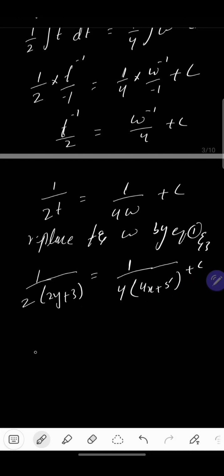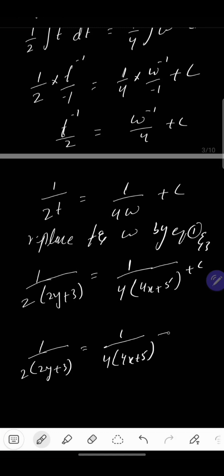Now this is the general solution of the given differential equation. This is the required general solution of the given differential equation.